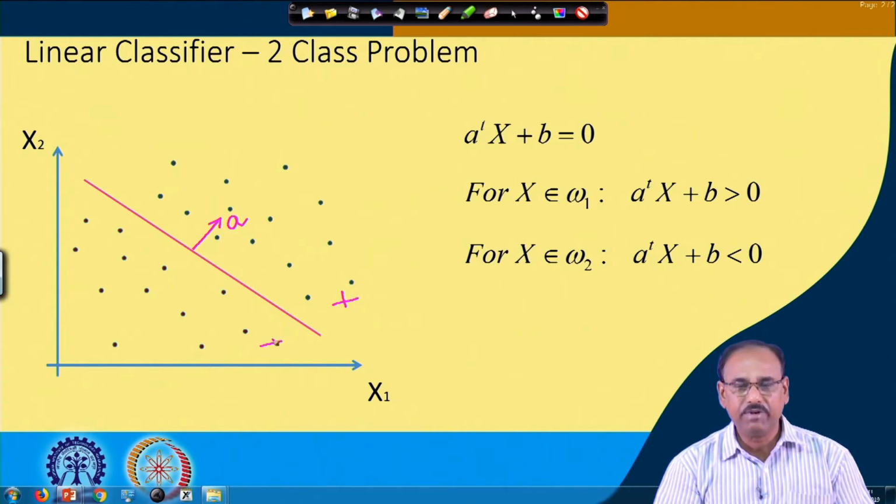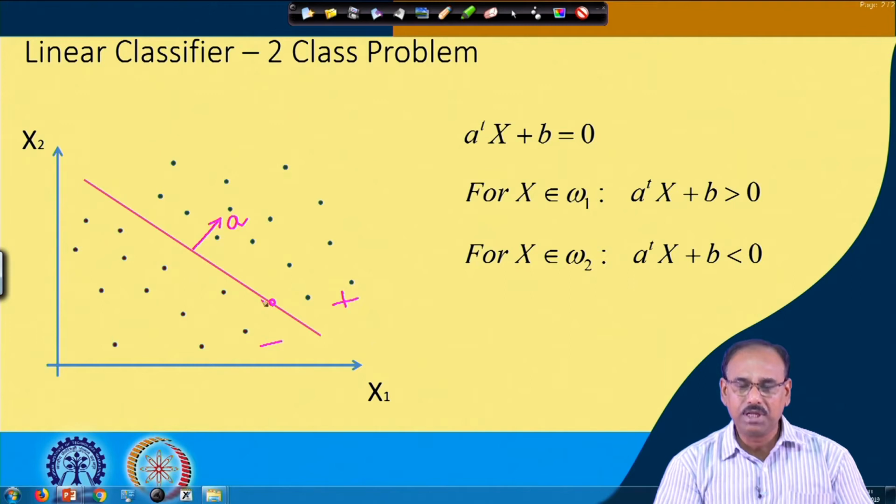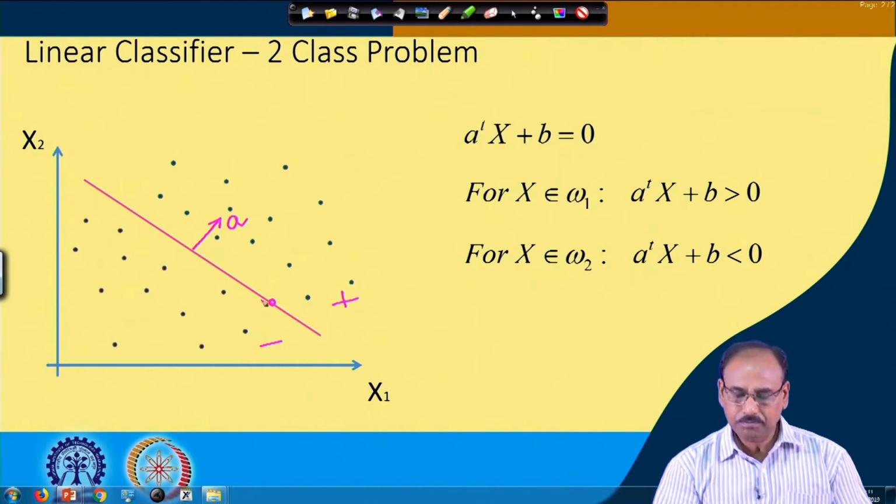So, for any feature vector x which belongs to the positive half space, I must have A transpose x plus b greater than 0. And for a feature vector lying on this plane, A transpose x plus b will be equal to 0.